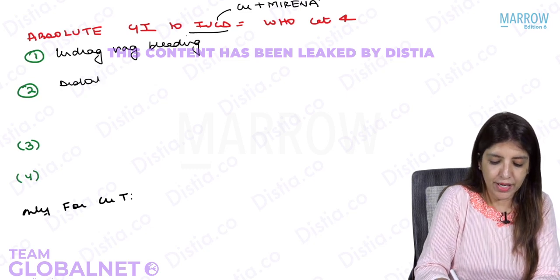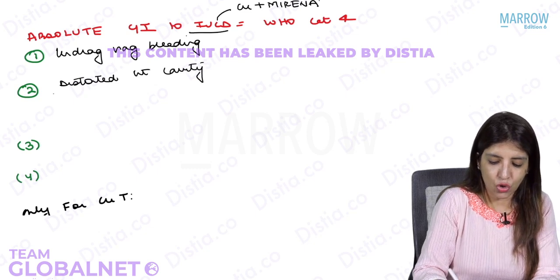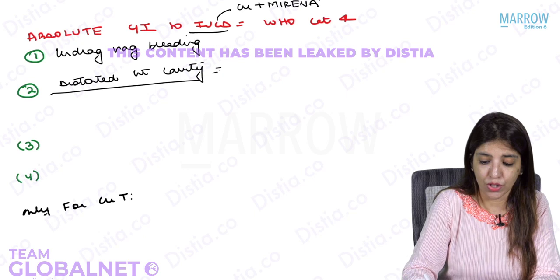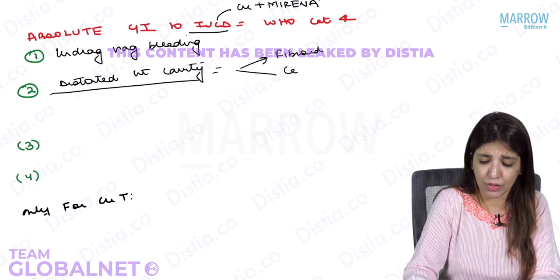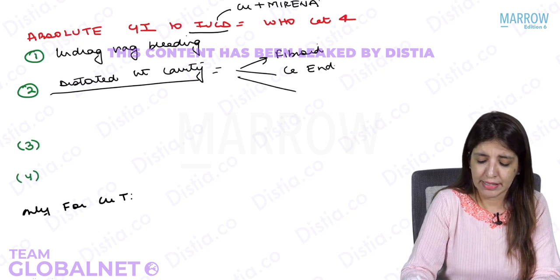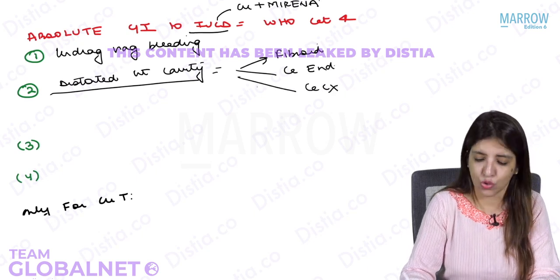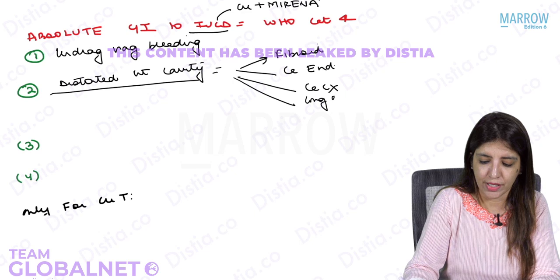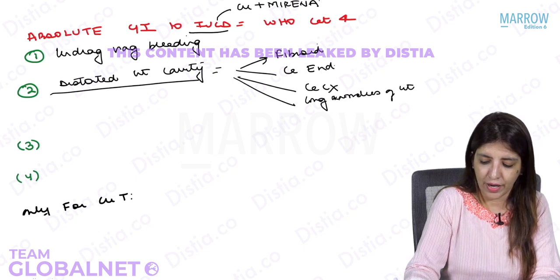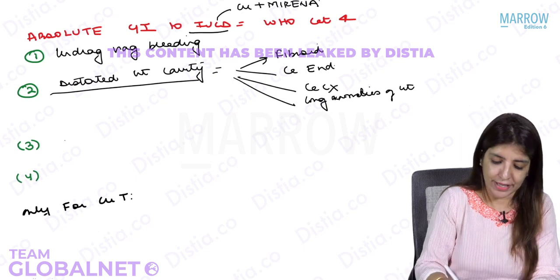Number 2, distorted uterine cavity. Now, this distorted uterine cavity can happen with fibroid, it can happen due to cancer endometrium, it can happen due to cancer cervix, or it can happen due to congenital anomalies of the uterus. Right? So a distorted uterine cavity.